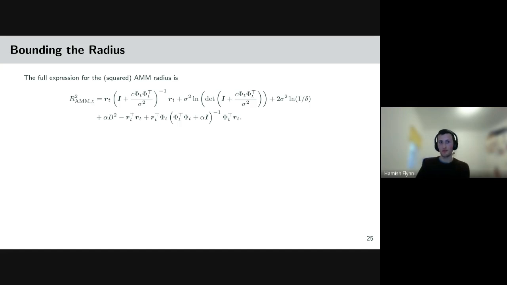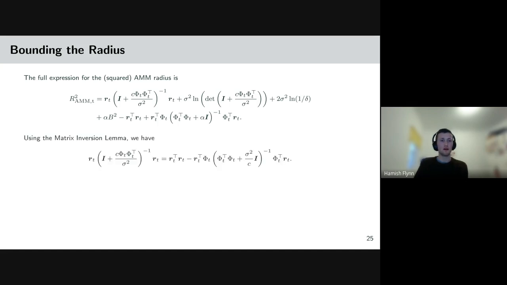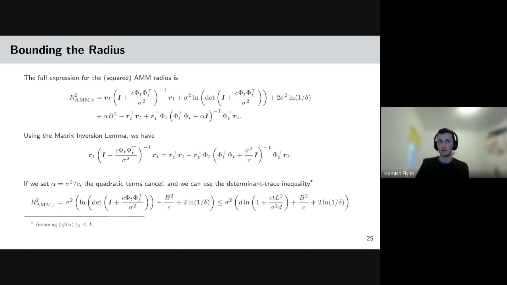So this is the full expression for the AMM UCB radius quantity from before. This is a bit of a mess, but if we choose a specific value of alpha or c, it becomes much simpler. If we use the matrix inversion lemma, then we can see that the first quadratic term is actually the opposite of the second one, except alpha is replaced by sigma squared over c.